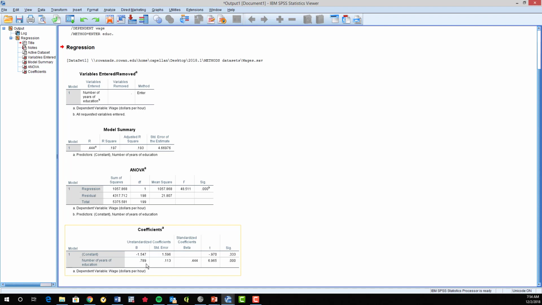In other words, for years of education, the year is the unit, and for hourly wages, dollars is the unit. So a 1 year increase in education is expected to increase your hourly wage by an average of 0.78, or 78 cents. This is the predicted effect, what happens on average, and based on this t-test, we see that it is statistically significant given that the p-value is less than 0.05.